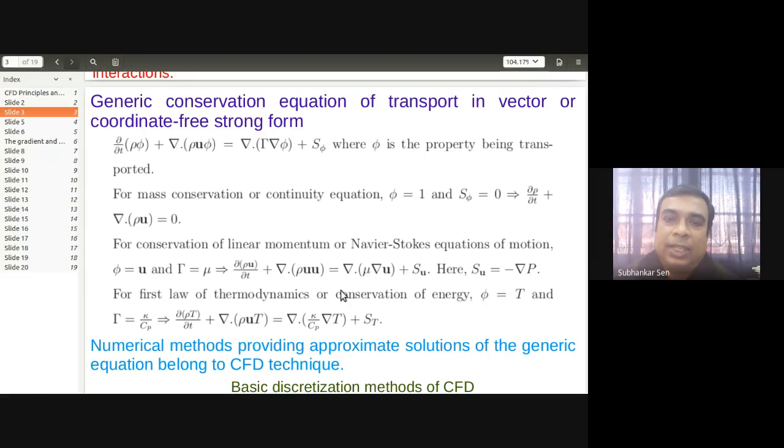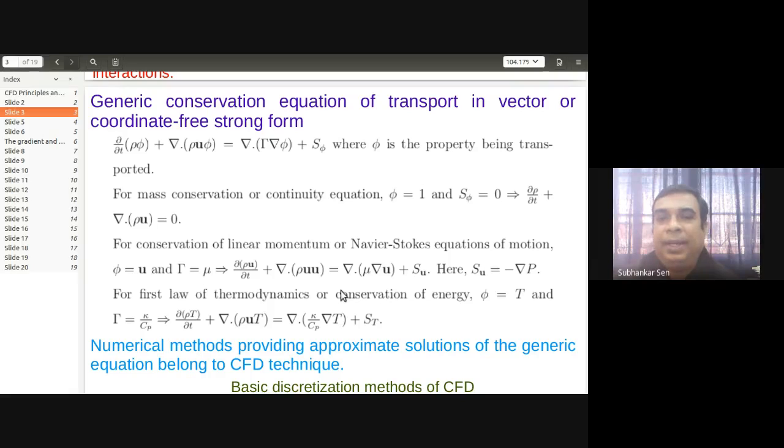So S stands for source. If there is no source or sink of mass, mass is neither created nor destroyed, then this term will be 0. So we put rho equals to 1, means we put phi equals to 1 here, here and here, and we put 0 for the source. Then what we get, if we put phi equals to 1, this is the gradient of 1.